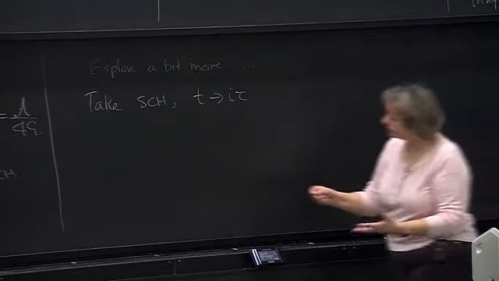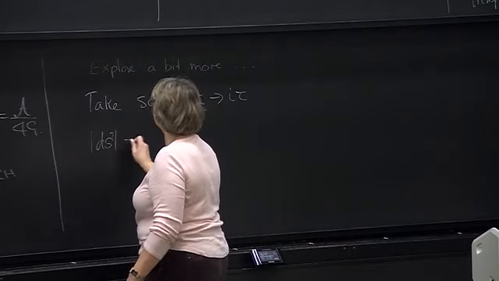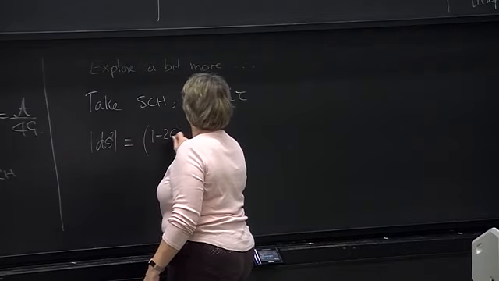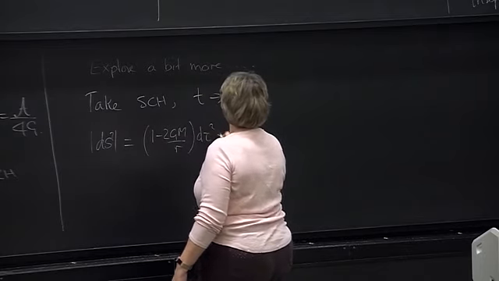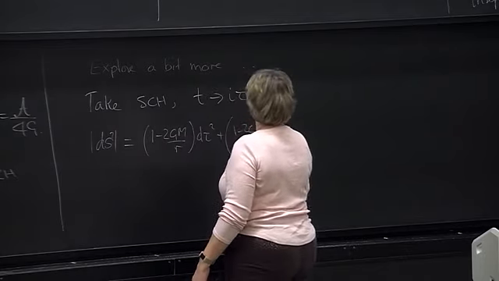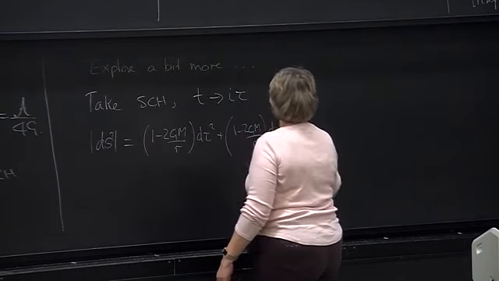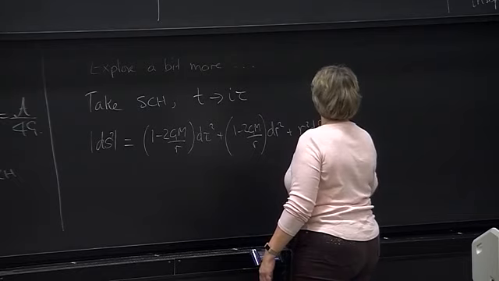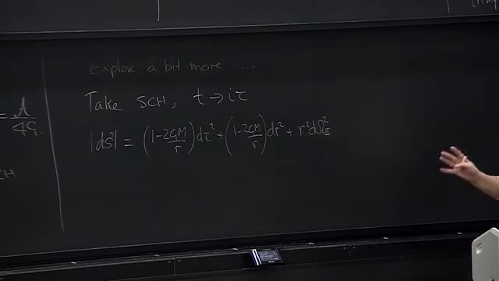So what I get, if I just take the absolute value of ds squared, is the same solution but with everything plus.